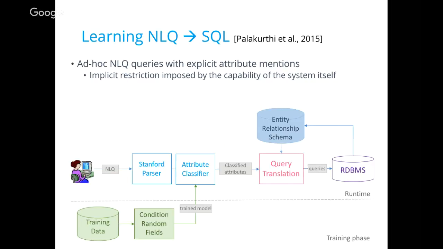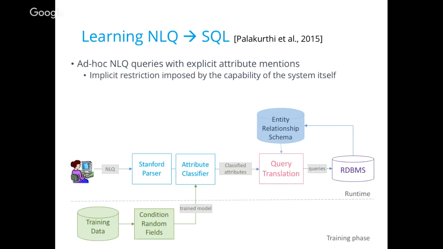It uses the Stanford parser. It has training data that gives pairs of a question and the mappings of terms in the question into different clauses. It uses conditional random fields to train a classifier and utilizes it at runtime to do the classification. I will give you more examples about this.